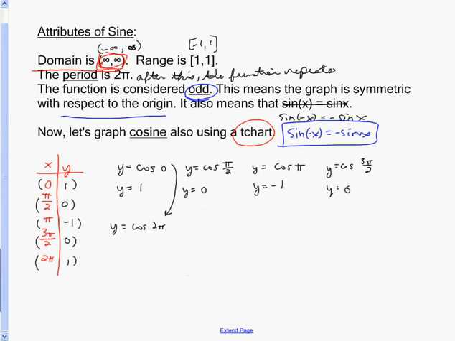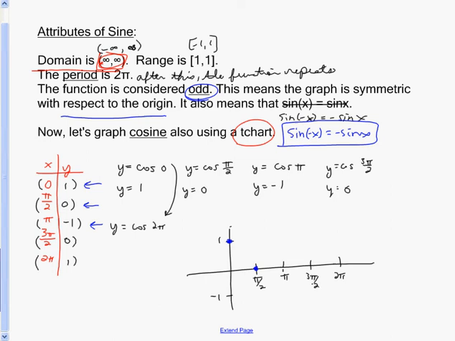When I graph cosine, again I'm looking at just one period from 0 to 2 pi. It sets up just like sine, but we're going to go differently. When I graph 0, 1, that is here. When I graph pi over 2, 0, that would be here.